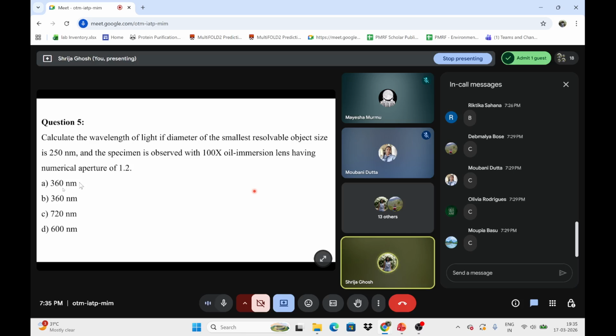Calculate if you know the formula, and write your answers in the chat box. Anyone is able to solve this?